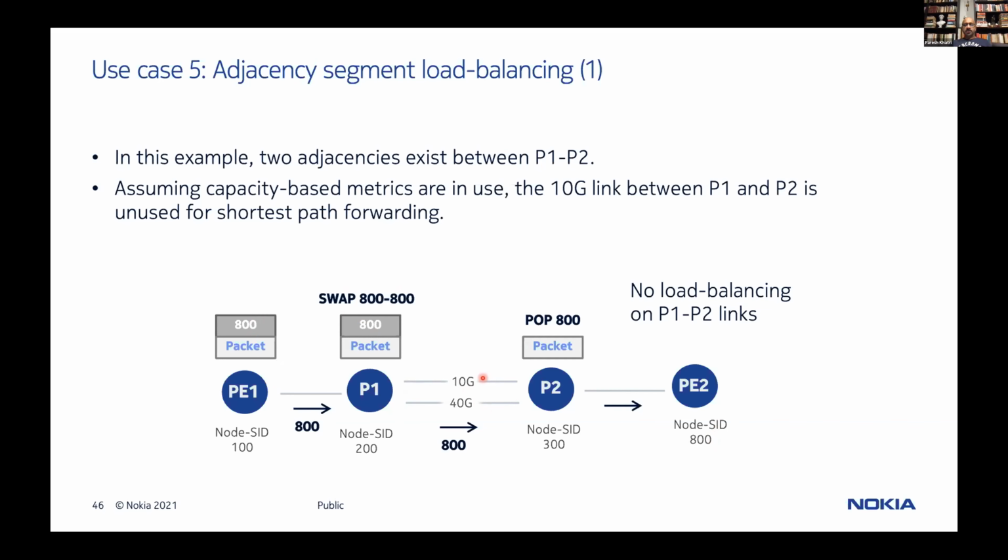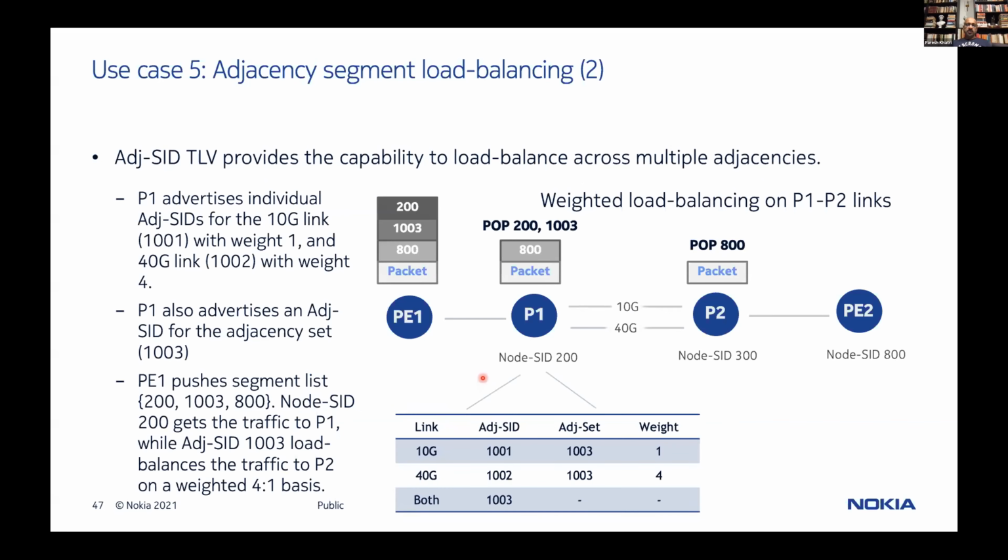So one of the things that we can do here is use the concept of the adjacency SID. So let's look at how this works. Now, on node P1, we will allocate SIDs for each of the adjacencies, as we do automatically anyways. So there'll be a SID for the 10 gig link, which is 1001.